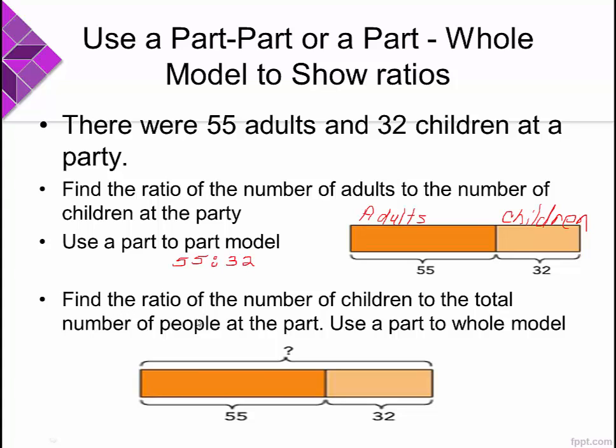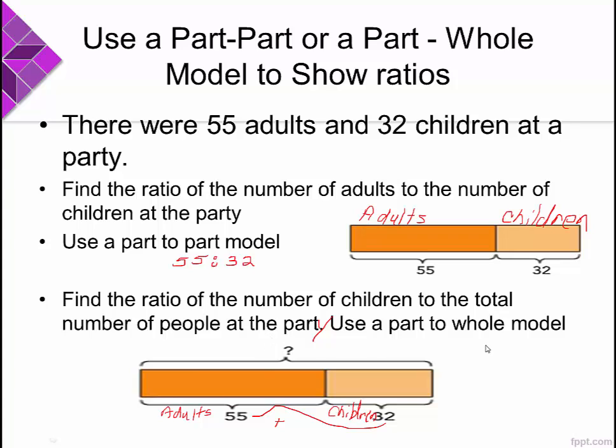So let's find the ratio of the number of children to the total number of people at the party. Use a part-to-whole model. Remember, we have 55 adults and 32 children. So if I add these two together, I will come up with a whole.